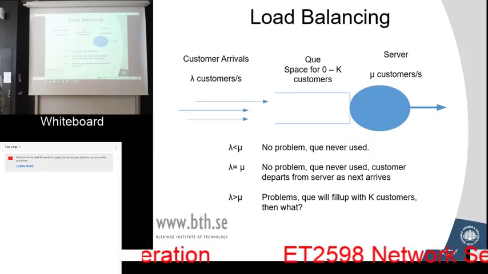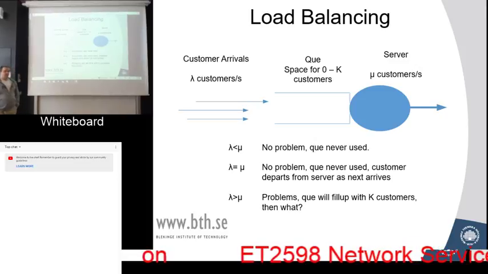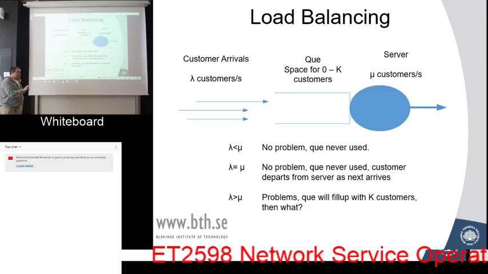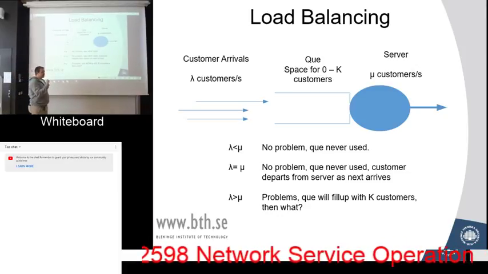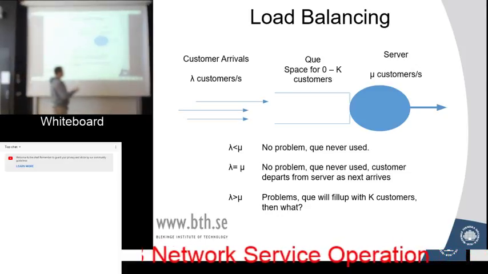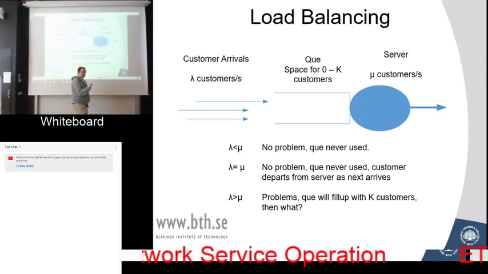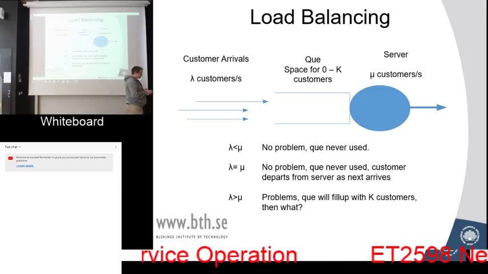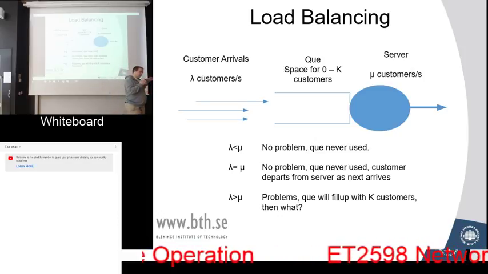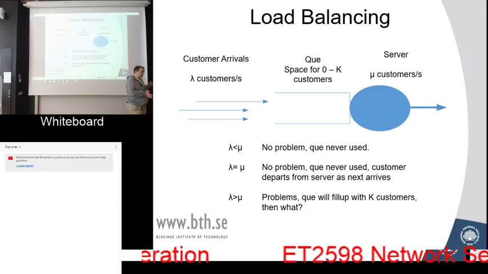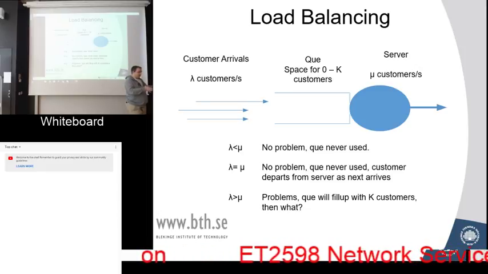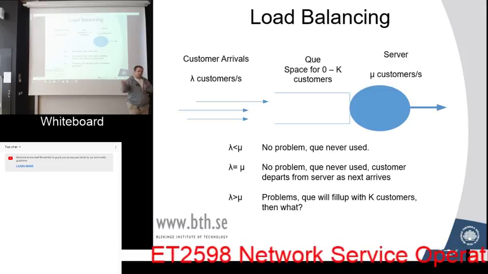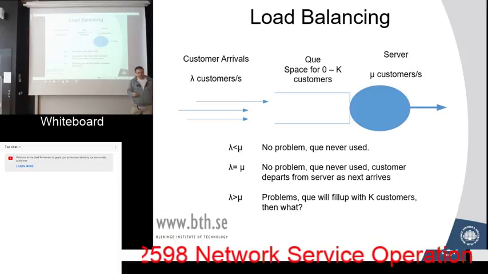In the case that we have lambda equals mu, now this is a transition part. At this point we have exactly the right amount of resources. Specifically, a customer arrives and is being served, and the moment that customer is completed, a new customer arrives, and the next one starts like this. Perfectly synchronized.